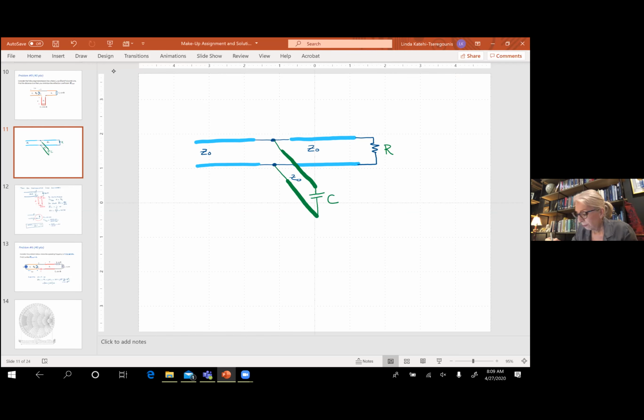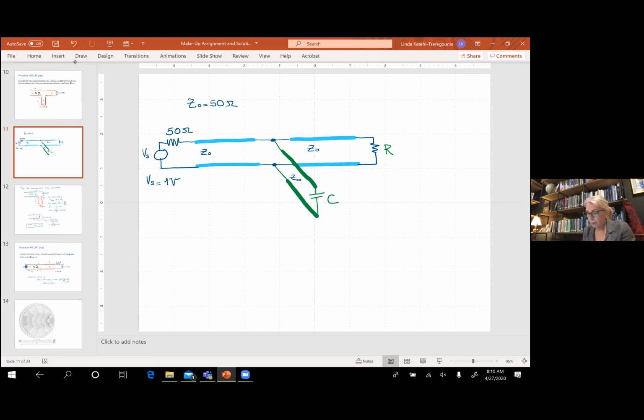And then here you have a source, and this is 50 ohms. Z naught is 50 ohms. And this one is Vs, and assume that Vs is 1 volt.